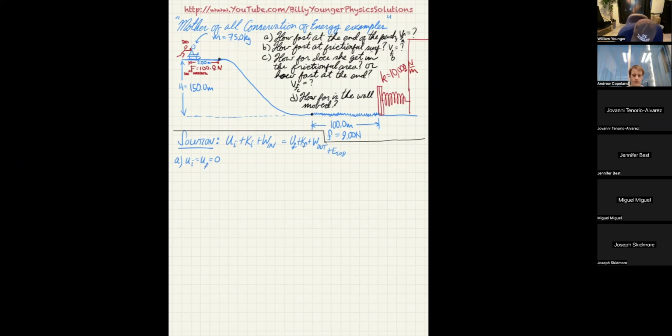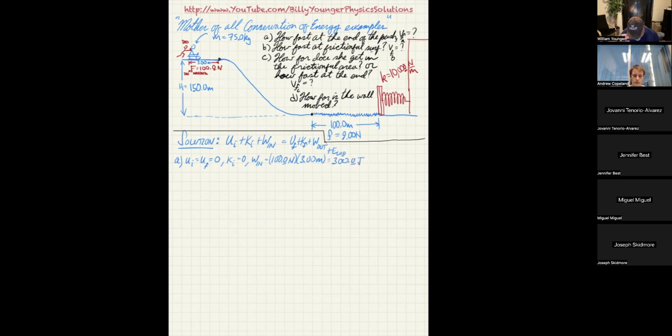Additionally, the initial kinetic energy is 0. The work in is the work done by the father. So I'm going to say work in is going to be 100.0 newtons times 3.00 meters times, in this case, the forces are actually parallel. So this is just 300.0 joules.